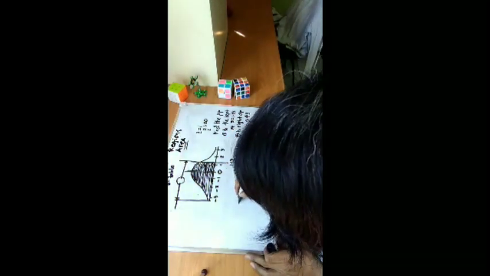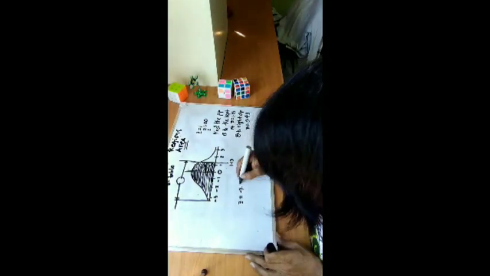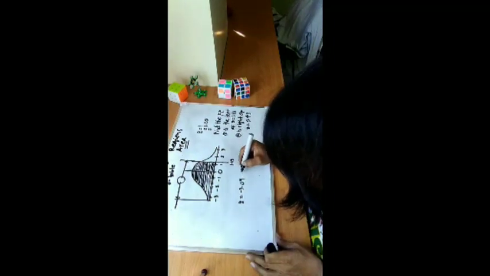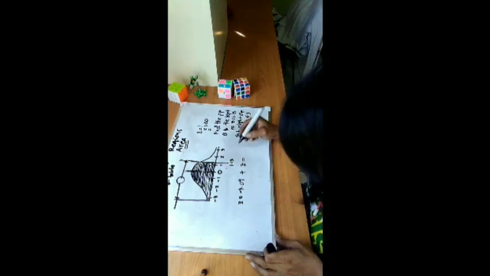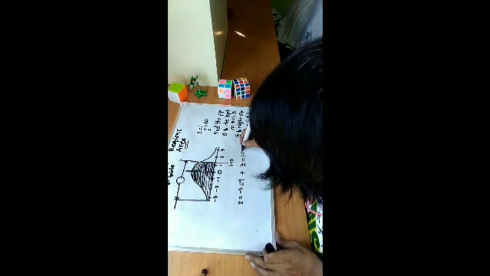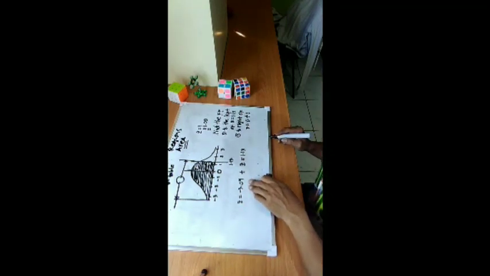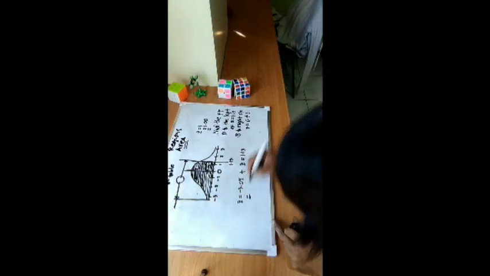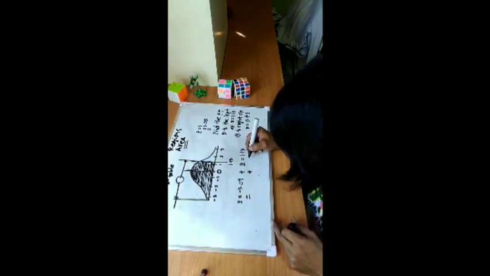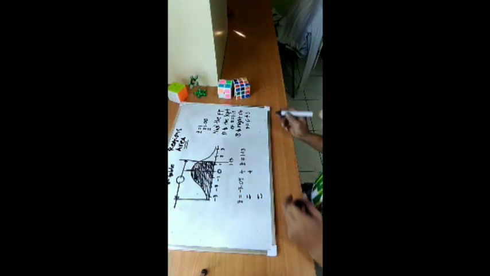Z equals negative 3.09 plus z equals 1.13. So how do we get this? We use the table. Then whatever the number that coincides to the intersection will be substituted here and also here to find the total area of the shaded region.